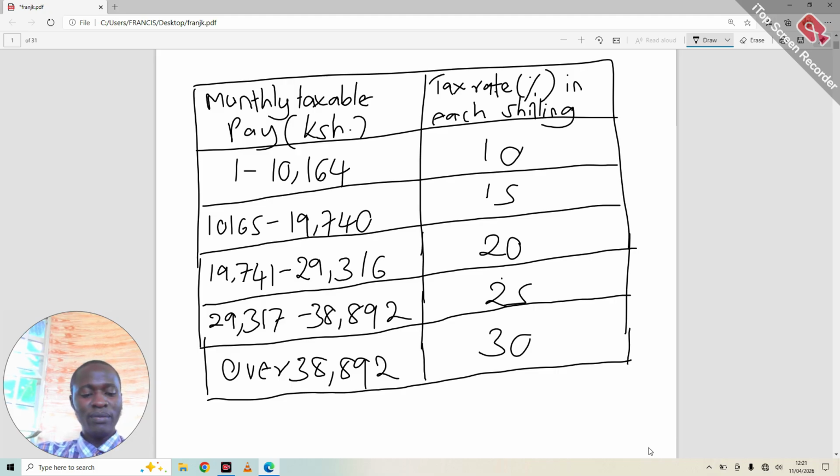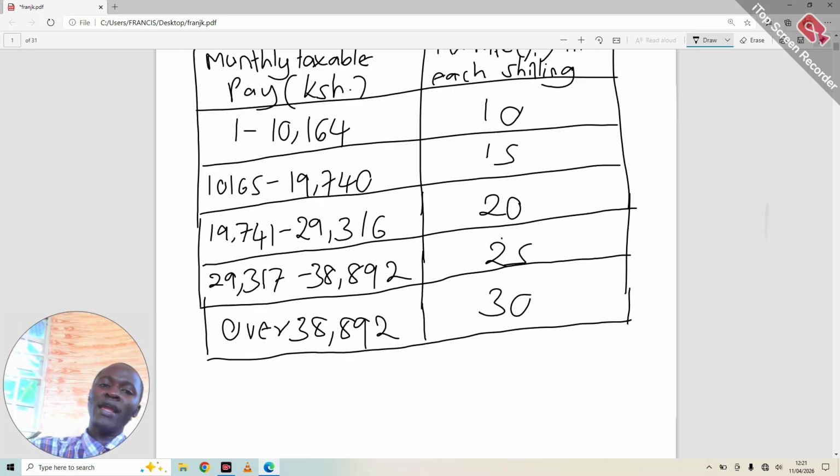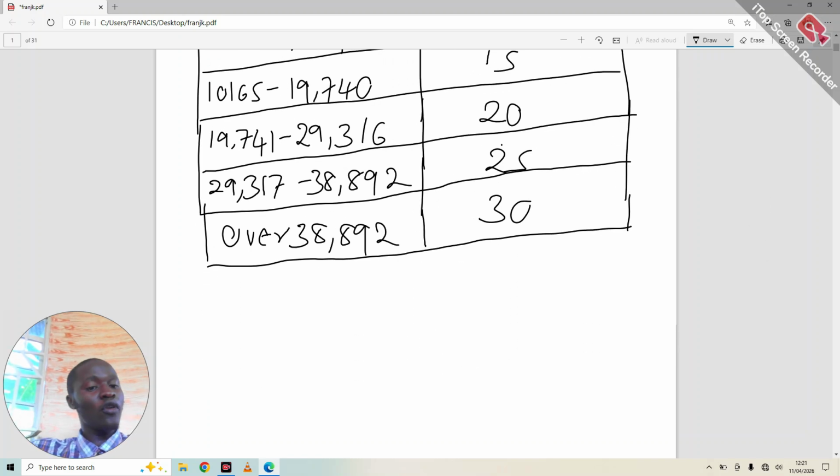So let's start with part A of the question. It asks, calculate the amount of gross tax, the total tax. That is what the examiner needs you to find. So how do we get that total tax? For you to get the total tax or the gross tax, you must have taxable income, because it is taxable income that at the end will determine what tax this person is paying.